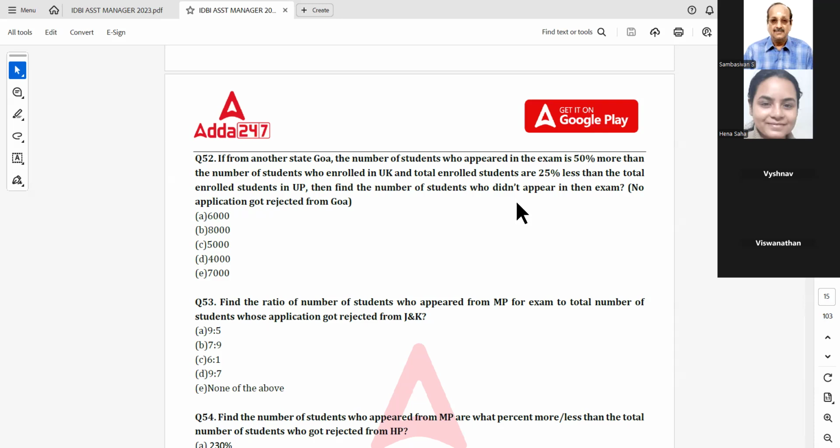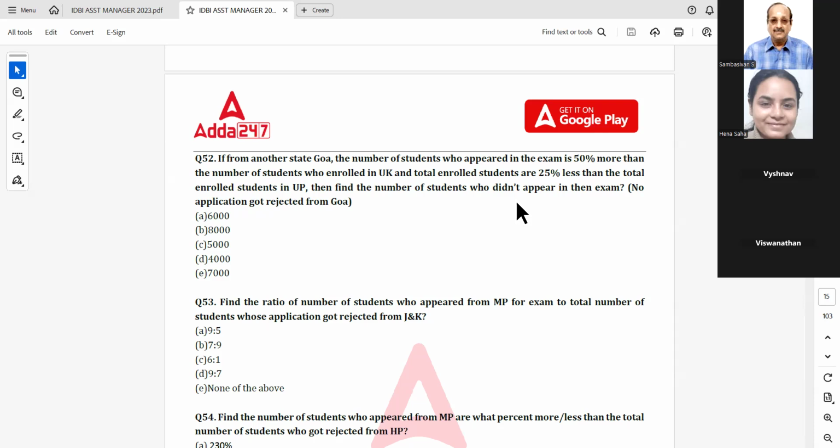Total students enrolled in UP is 36,000. 25% less means 27,000. Then find the number of students who did not appear in the exam. No application got rejected.